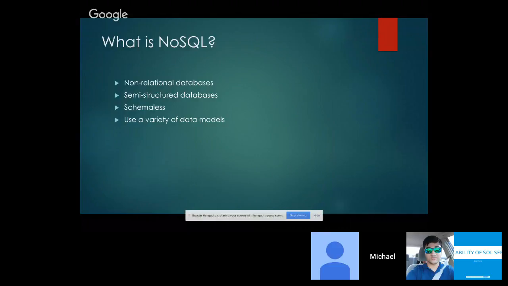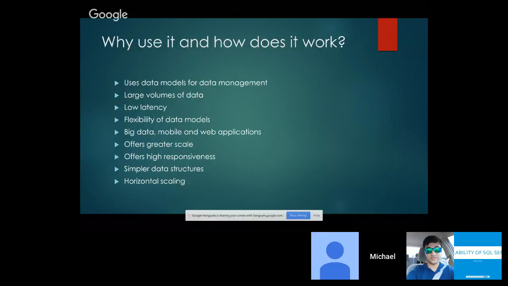NoSQL databases are also widely recognized and deployed due to their ease of use and their ability to have low latency as well as resilience. When we look at why we use it and how it actually works, the uses for data modeling are within the uses for data management.